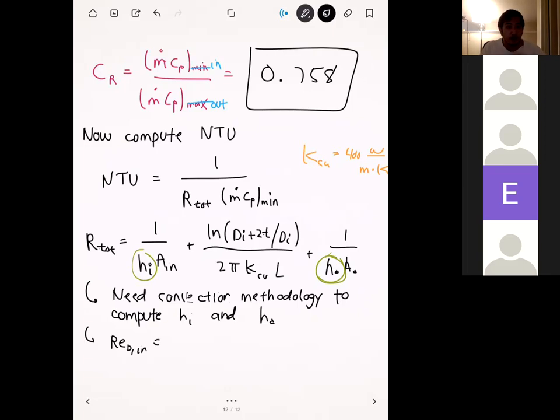All right, and so let's compute the Reynolds number of the inner flow, right? And so for the inner flow, this is going to be mean velocity times the inner diameter divided by the viscosity, okay? Where the mean velocity here is just going to be our volumetric flow rate divided by the area, okay?